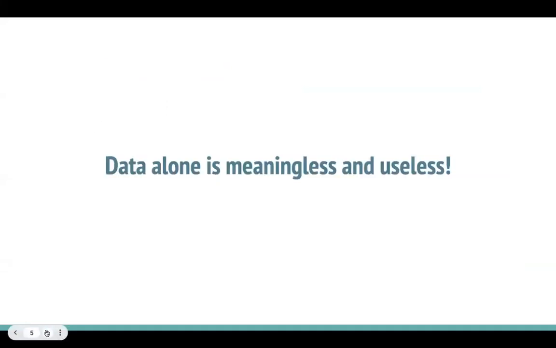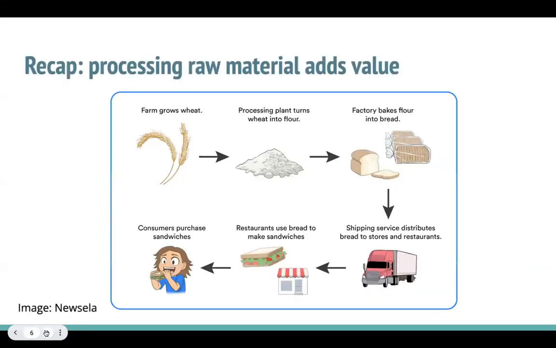The key thing to emphasize here is that data alone is meaningless and useless. It needs to be transformed and value needs to be added to it before it can actually be useful in the real world.